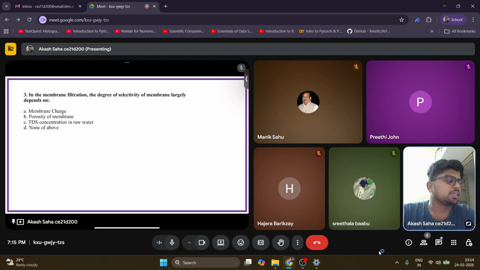Some ions with three negative charges are also there. Because of these ions, or anions to be specific, the selectivity of other ions will be affected, right? Some ions will be more selective than the others because of their charge, their hydrated radius, their size. So that will also affect the degree of selectivity of the membrane.